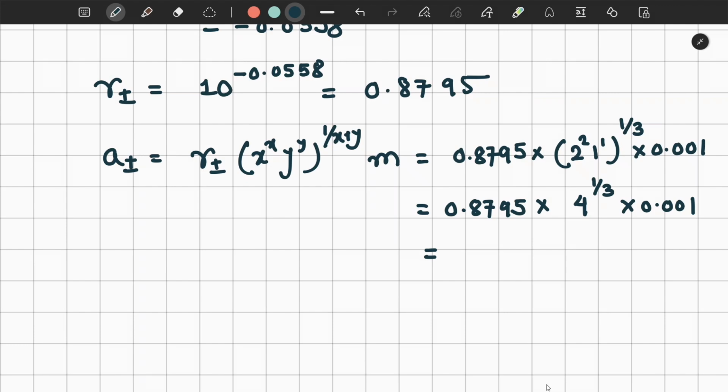It is 1.38 into 10 to the power minus 3. Let me also calculate. 1.39, I hope. 1.38, okay, yes, 1.39 into 10 to the power minus 3.